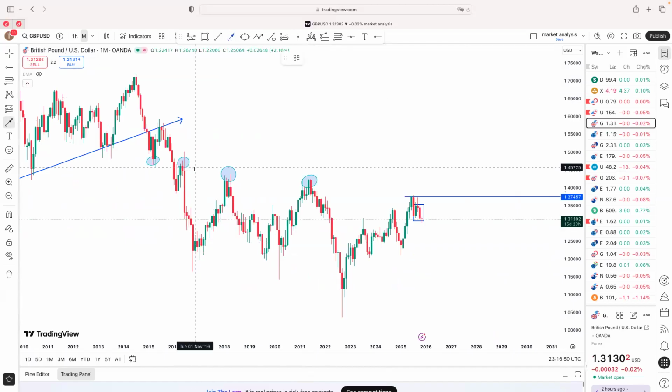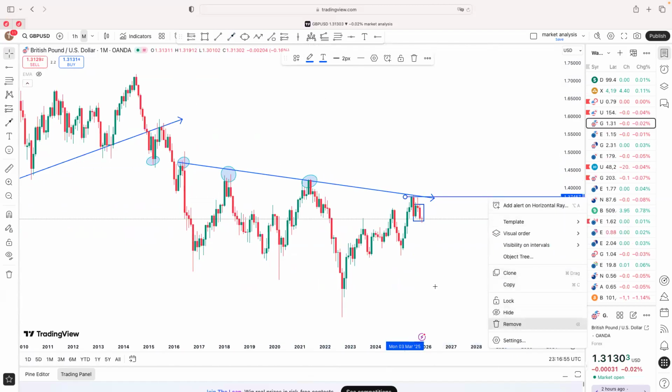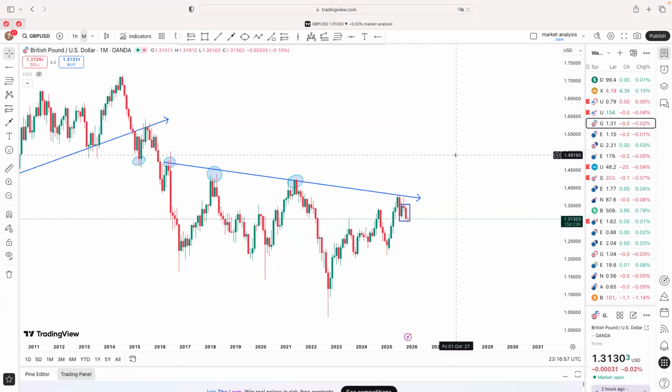And let's look at the market behavior, what has been happening previously. Each time the market gets into this area, it reverses back. Each time it gets into this area, it reverses back. Now, what are we looking at? We're looking at the market to reverse back, definitely.